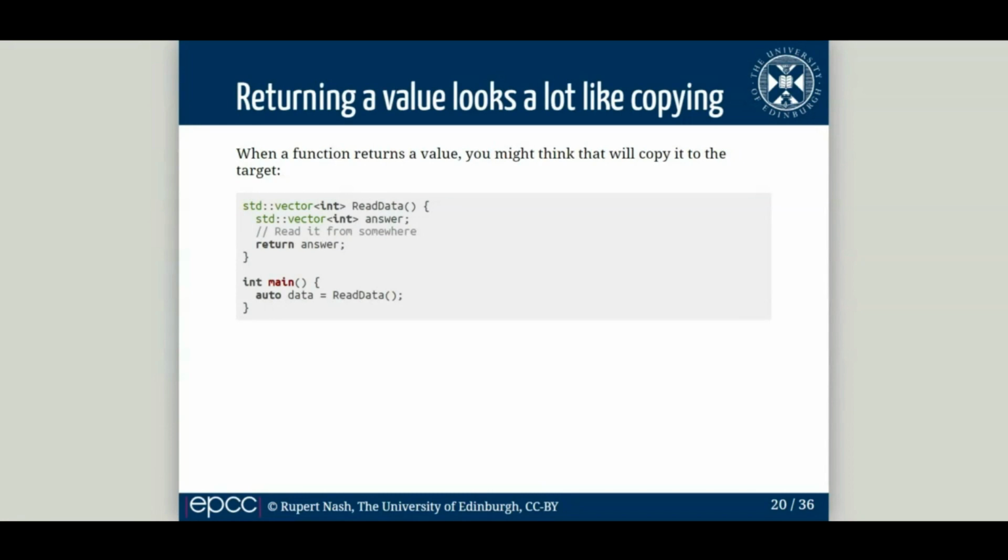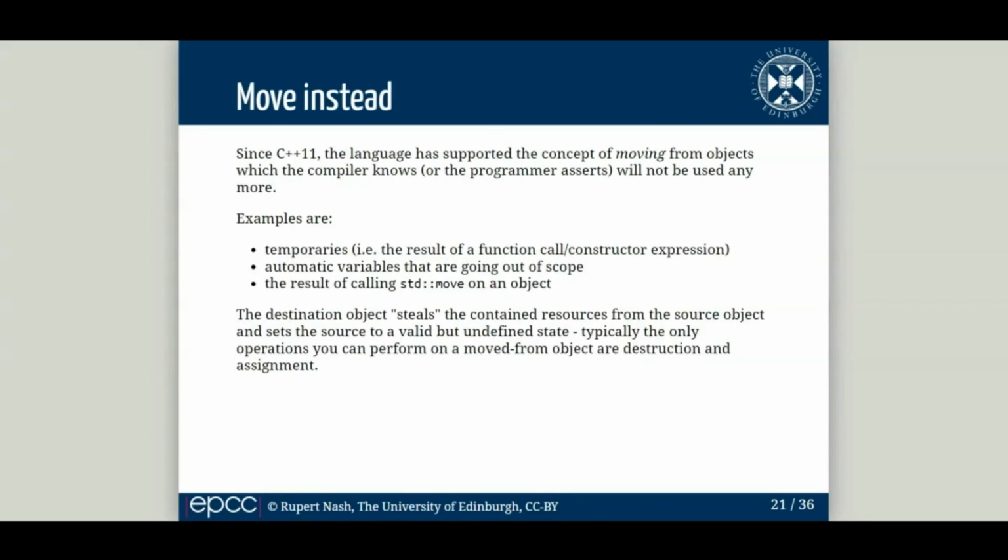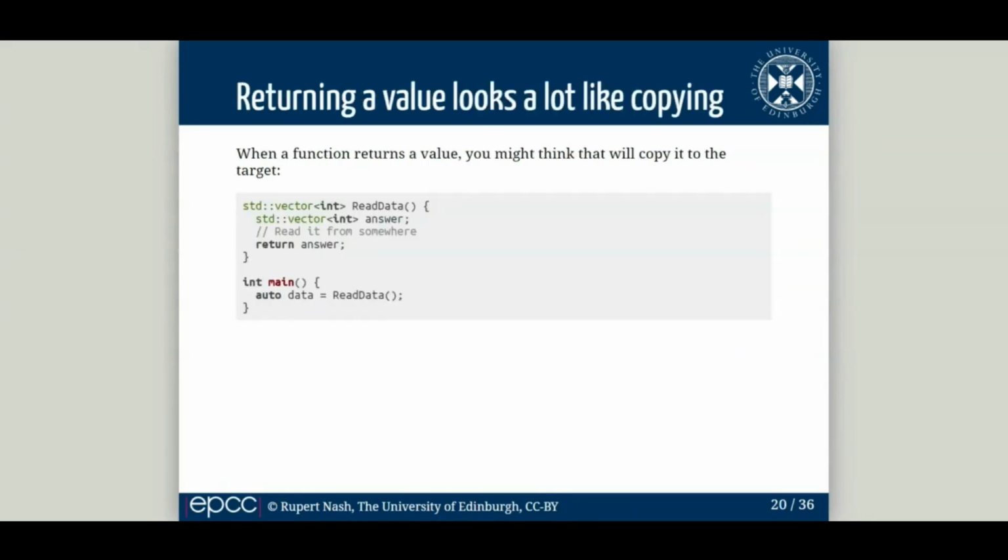Also, it's mentioned here that when we use a function and we return the value, you may think that this is copied to the target. This is the sample where we have a function called read data, where you define the answer, which is a vector, so you allocate memory for that vector, read, etc., and then you return this vector.